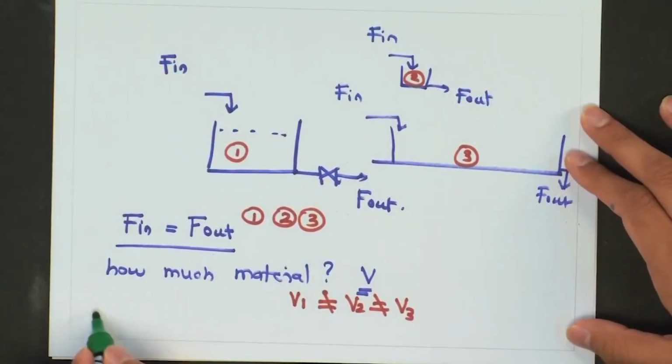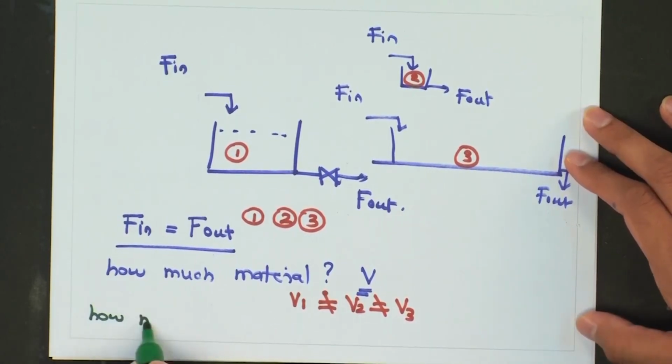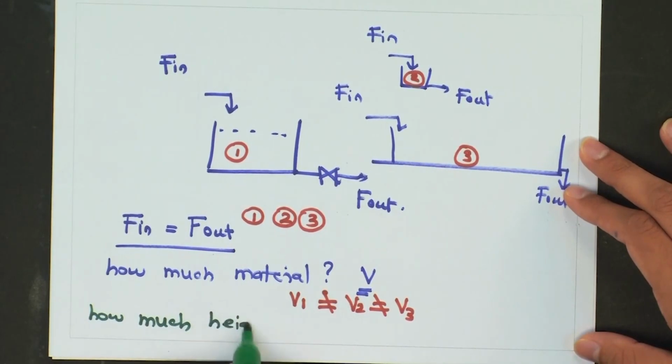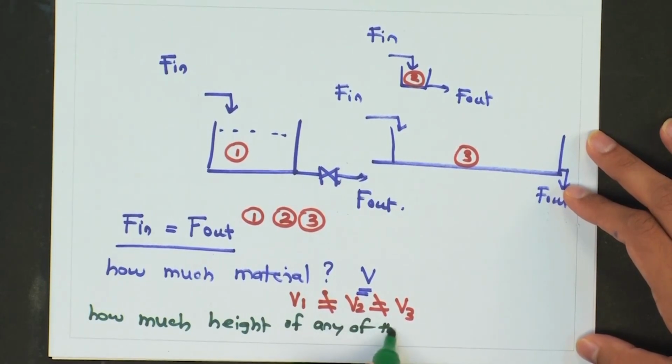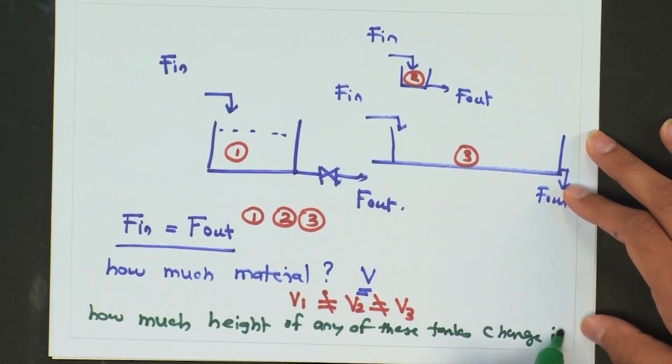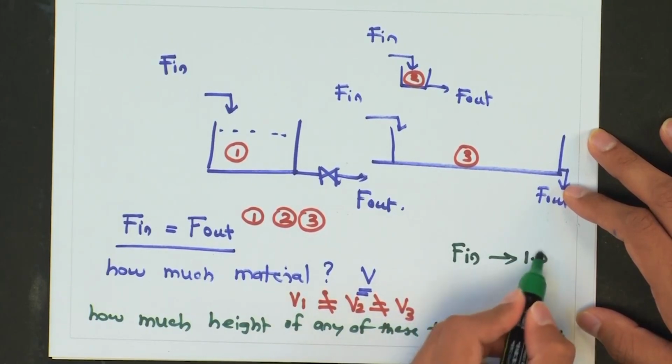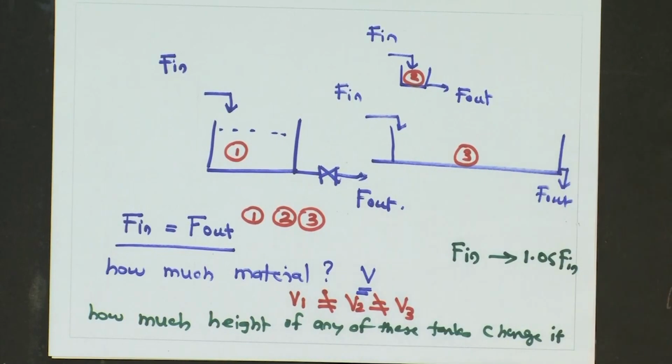That is because steady state information is limited, it does not give you all the information about the system. If I want to ask a question, how much does the height of any of these tanks change if F in is increased by 5%?